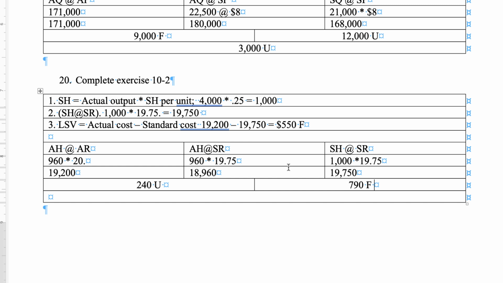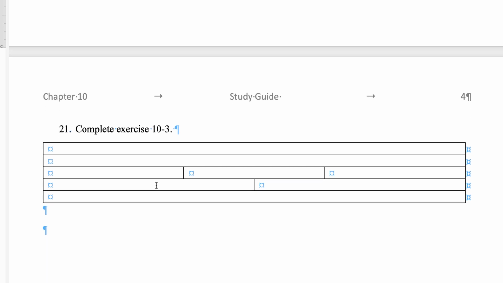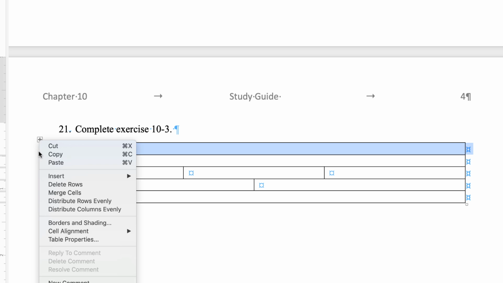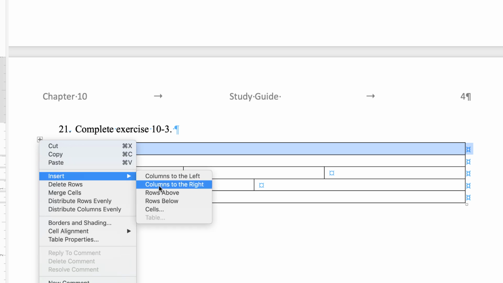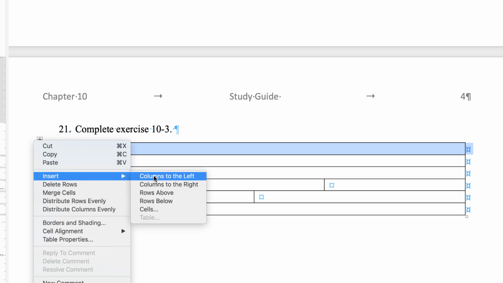Okay, now I know in the lecture video, I just kind of said, hey, for variable overhead variance, look at direct labor, do the same thing. Well, we're going to do that. Again, I apologize. Select the first row, add 2 rows above, and do it again.